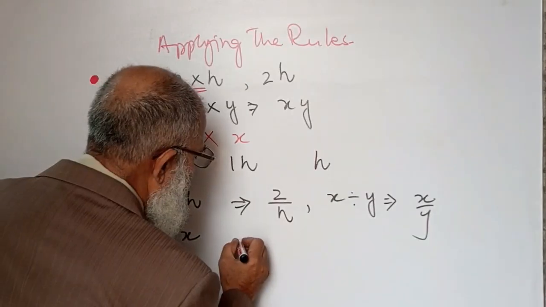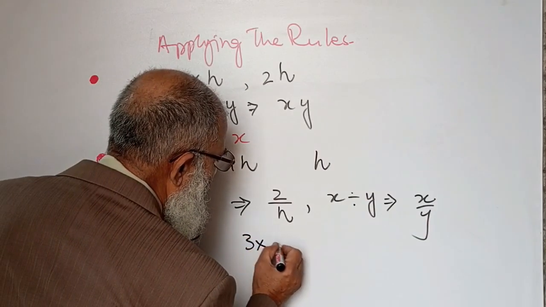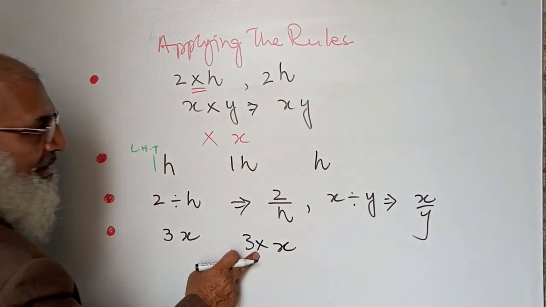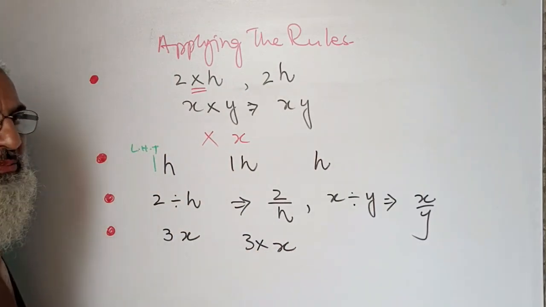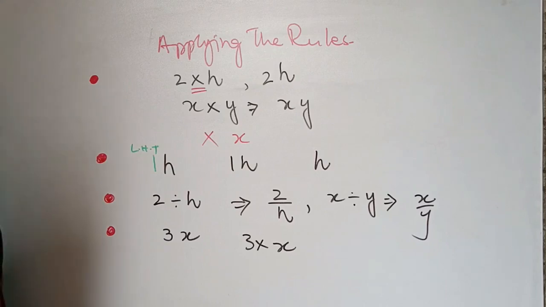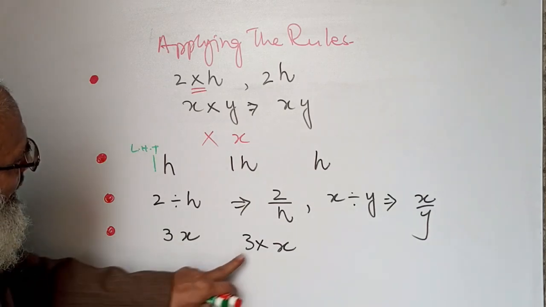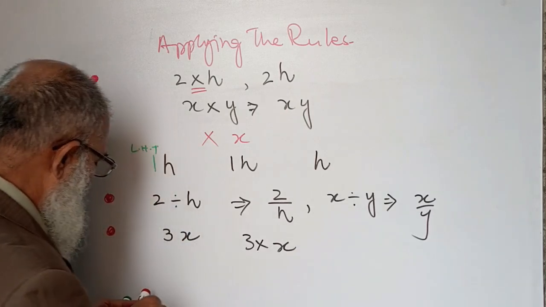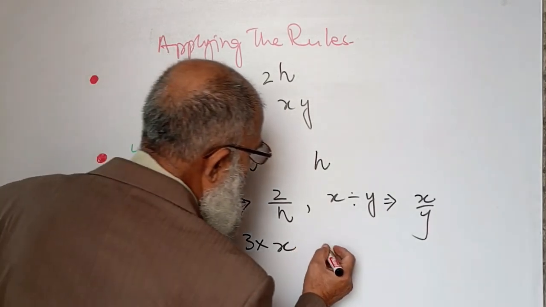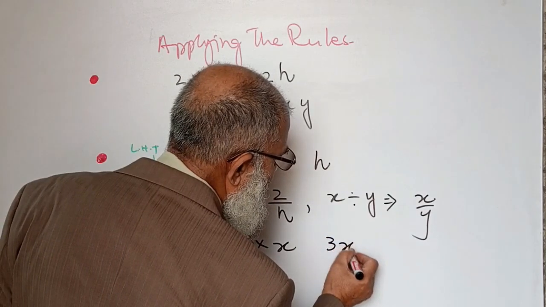Number one, we don't use the multiplication sign, because it is just messing up with this x sign. So we write it like this, 3x.